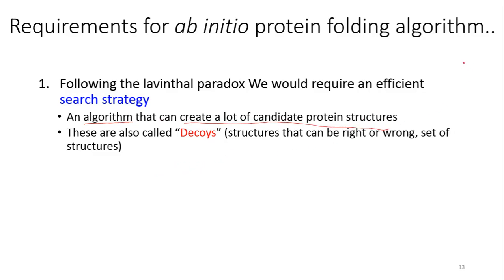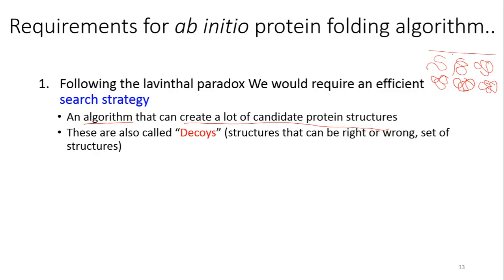Say, for example, given a sequence, we would need some computational method or algorithm to have a feature that would create a lot of structures that this protein can adopt. What are the different possible structures that this protein can adopt? That would be the first main requirement for any ab initio protein folding algorithm.